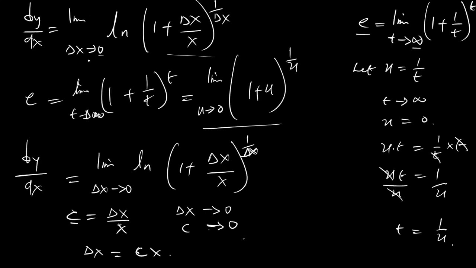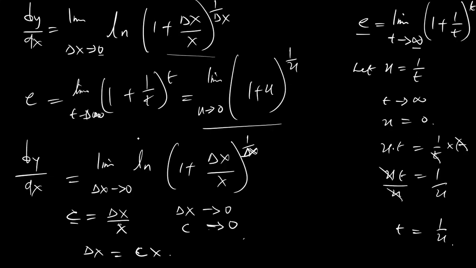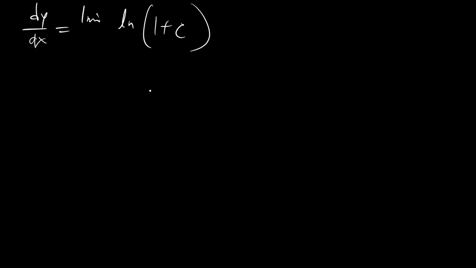So we'll now say delta y all over delta x is equal to the limit of ln of 1 plus, where delta x all over x is equal to c, so we replace it with c.